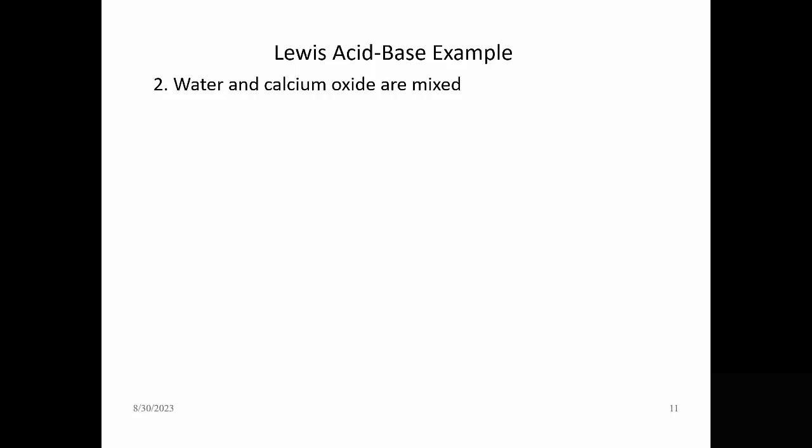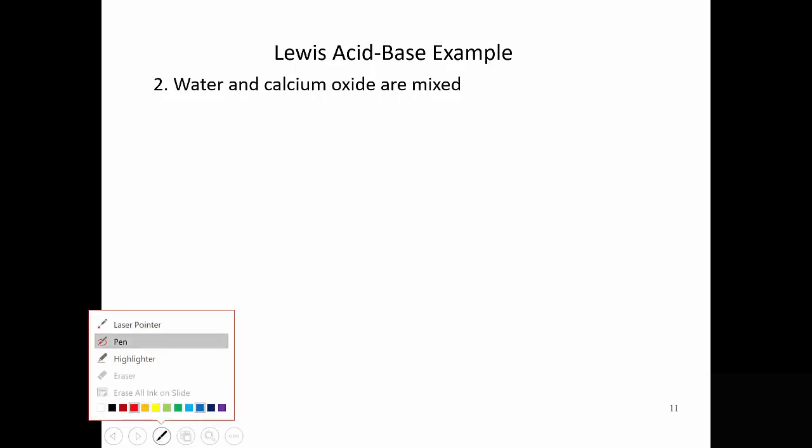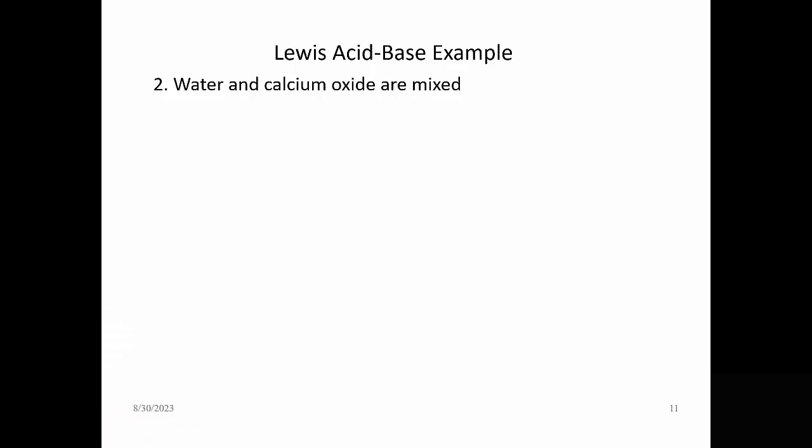All right, let's take a look at one more example here. How do you write the Lewis structure for an ionic solid? For the Lewis structure for an ionic solid, I just like to make up the lattice. The Lewis symbols for ions would look like this. Calcium has no valence electrons, and we have oxide, which has an octet.